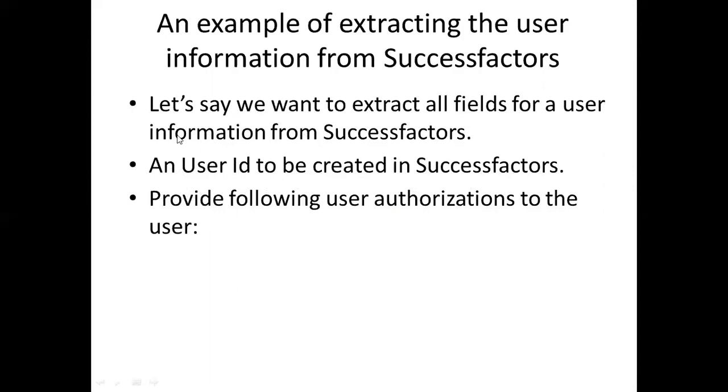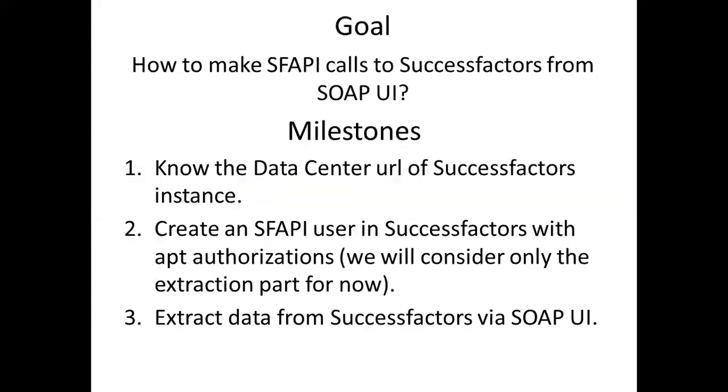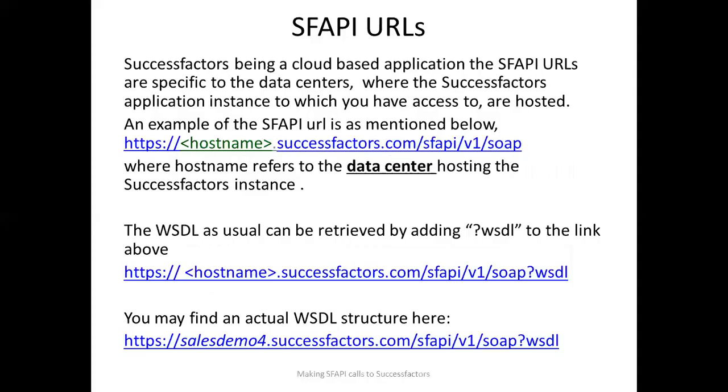We have just covered milestone 1, so we know what the data center URL is. Now milestone 2 is how to create an SFAPI user in SuccessFactors with appropriate authorizations, so we can extract the SFAPI object user data from the SuccessFactors instance.